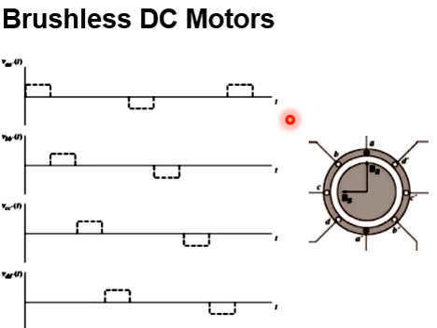On the x-axis there is time, and on the y-axis this is the voltage. It can be seen that this is 1 0 0 0, then 0 1 0 0, then 0 0 1 0.